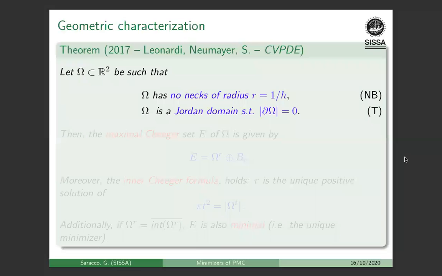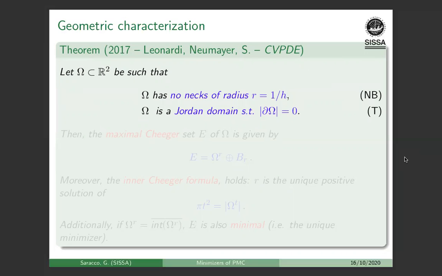Then we require some topological assumptions on omega. We require that omega is a Jordan domain, which means that its boundary is a Jordan curve. And we require the additional condition that the volume of the boundary of omega, so the two-dimensional Lebesgue measure of the curve, is 0.